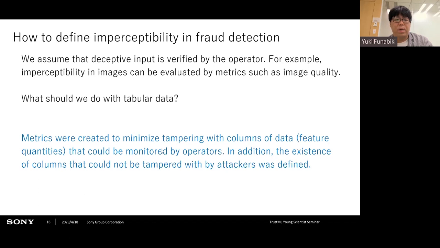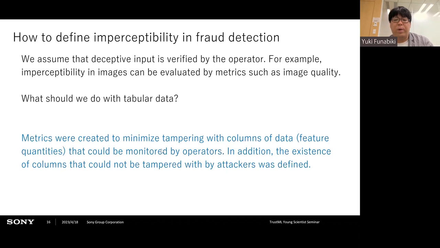The result is that it's a little bit difficult, but we defined a custom metric. The metric was created to minimize tampering with the columns of data that could be monitored by operators.